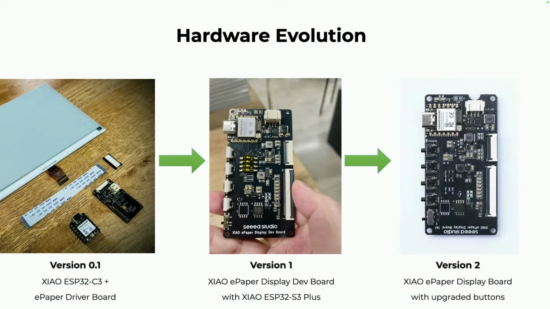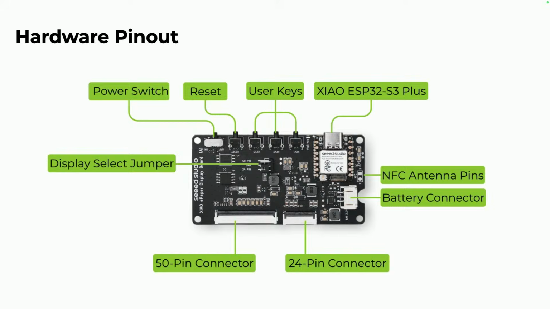Okay, and next, there is a diagram about the board. Kevin, you haven't changed the slide now. Okay, there are delays, right? Yeah, sure. Okay. All right, so you can see the power switch, reset button, a few user keys, and the ESP32 plus.